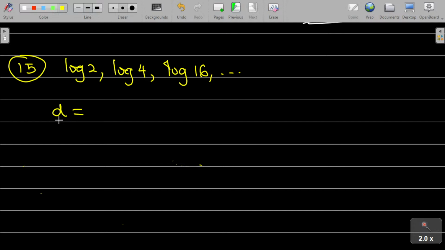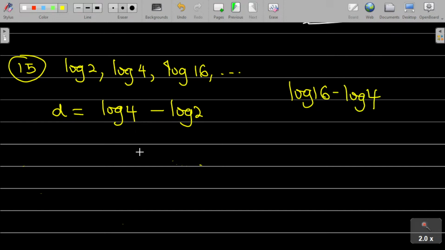So your D is equal to a term minus the previous term. I've explained that before. So you can use log 4 minus log 2. Another person can use log 16 minus log 4. All of you will get the same answer. So if you do that here, what is log 4 minus log 2?